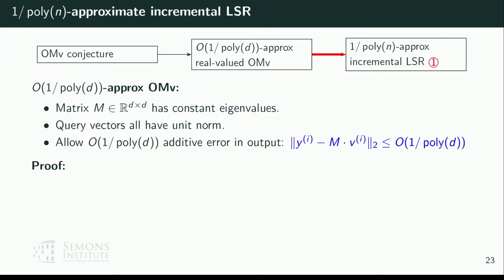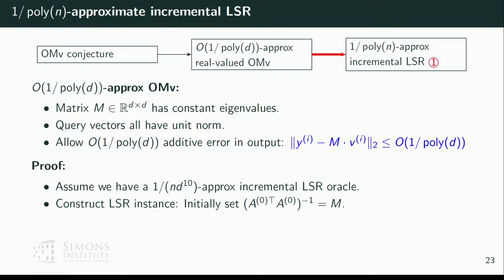Okay, so now when we're trying to prove this step here, we will assume that we have a very, very good oracle for the incremental least square regression problem. We assume it has a 1/n times some polynomial of d approximate solution. And we wanted to use this oracle to compute some vector yi for this OMv problem. That's how the proof goes. So we construct the least square regression instance such that our initial inverse matrix equals the matrix M that we want in the OMv problem.